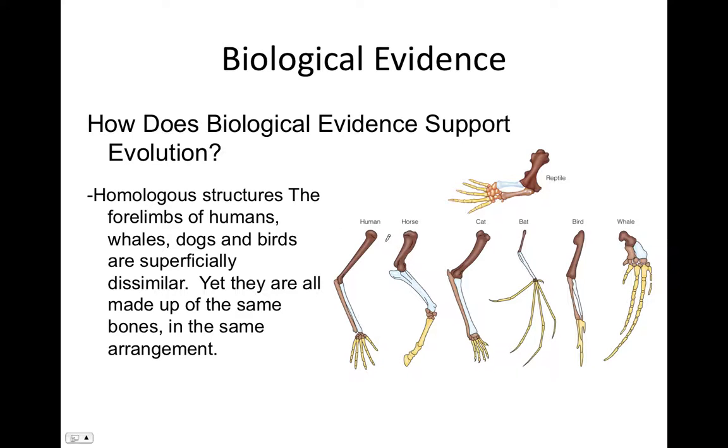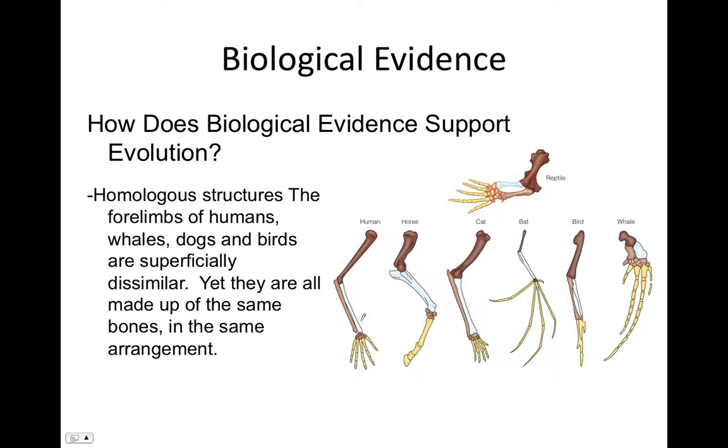So for example, the human, horse, cat, bat, bird, and whale all have the same basic skeletal structure of their forelimb as reptiles do. And this isn't a coincidence, because mammals and birds descend from reptiles. They evolved from reptiles, so they inherited this basic structure for the forelimb from reptiles.